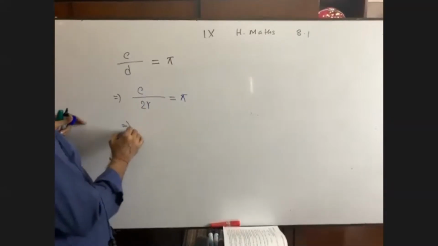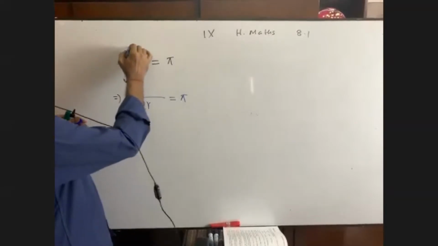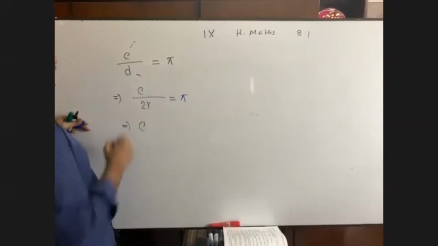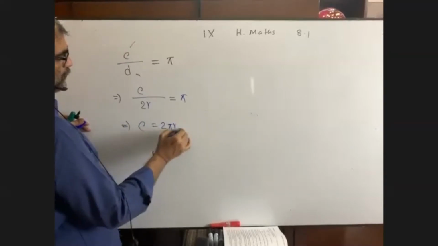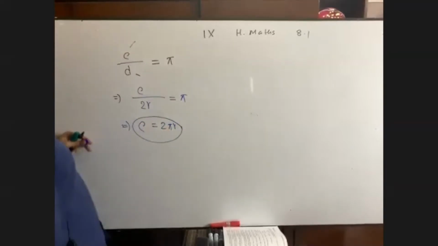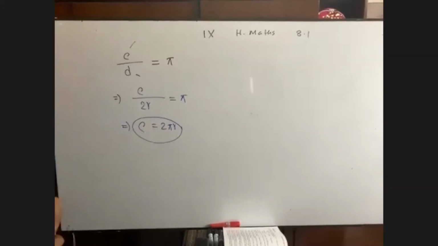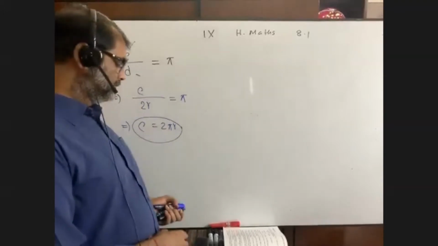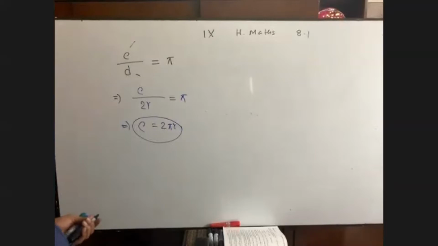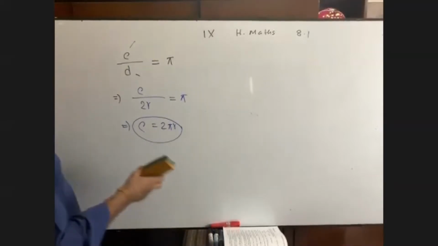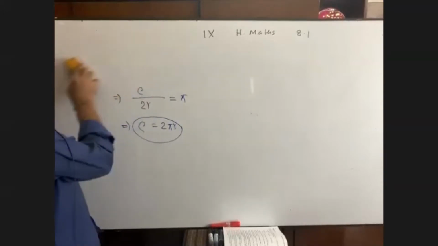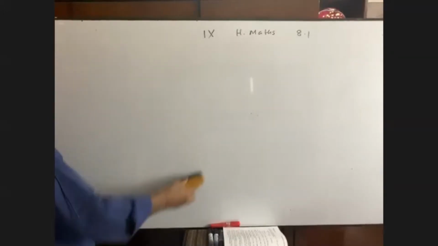That means we can write C for circumference and D for diameter: C equals 2 pi r. So the circumference of a circle is 2 pi r. Now you see.